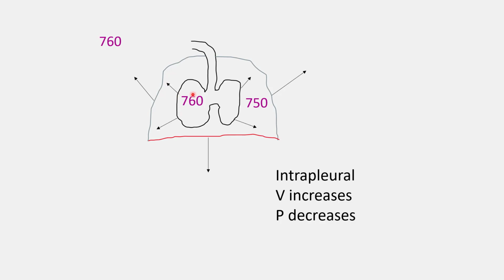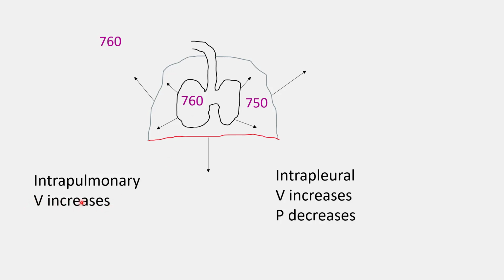The lungs are going to get stretched in all directions, meaning the lungs are going to get bigger. So if the lungs get bigger, now we're talking about the intrapulmonary space. If we're stretching the lungs and making them bigger, the intrapulmonary space increases.